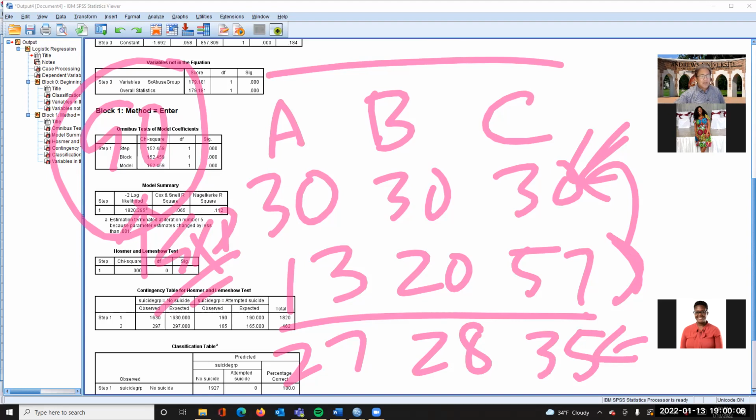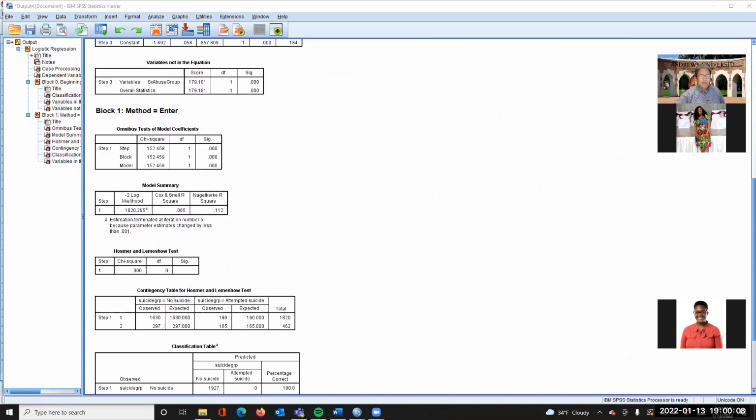All right, so let's apply that to our binary logistic regression in which we have 2 values, zeros and ones.